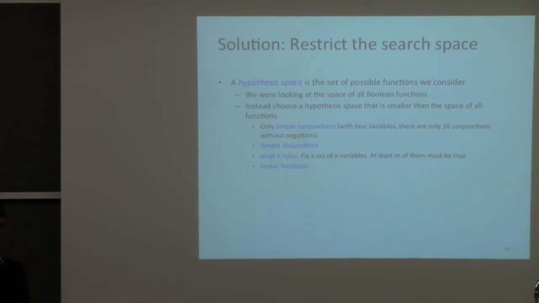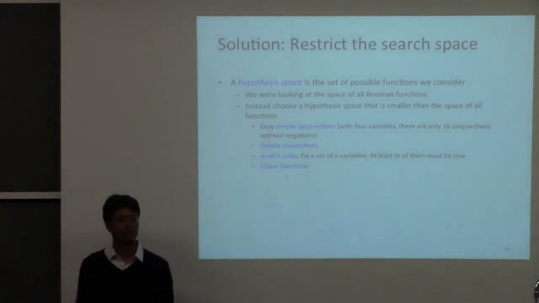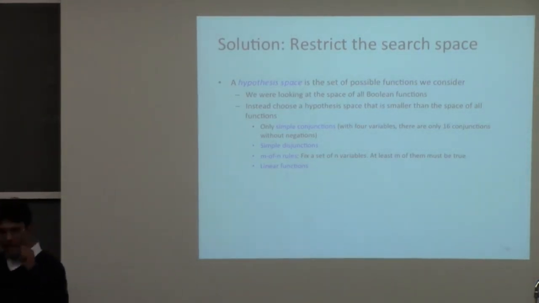Now, for Boolean functions, there are many ways of defining restricted search spaces. I could say that my search space will be the set of all conjunctions, only conjunctions of my literals, simple conjunctions, or just disjunctions, or something called m-of-n rules. If I have a million variables, a priori I'm going to pick n of them, let's say 20 of them.